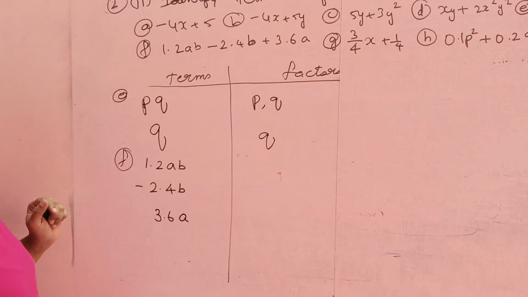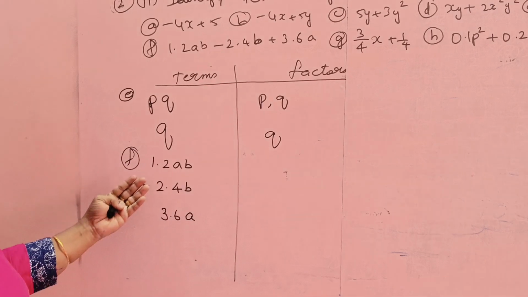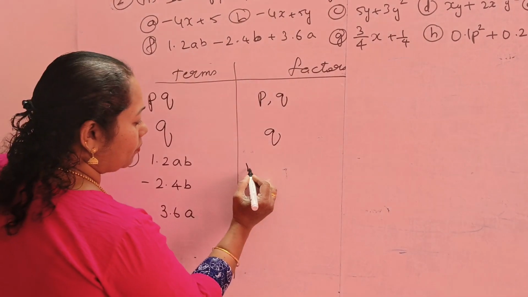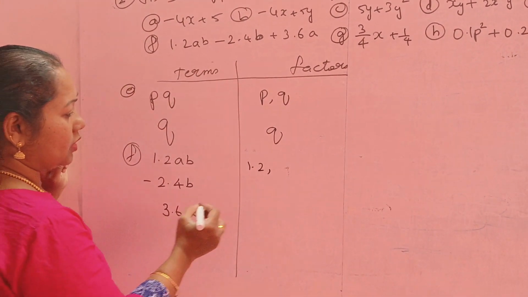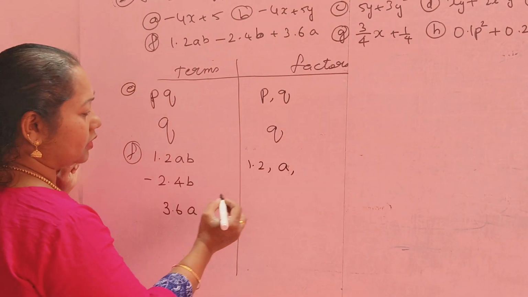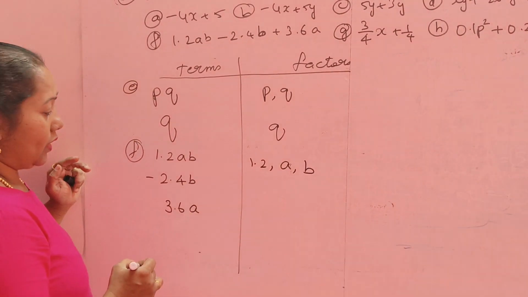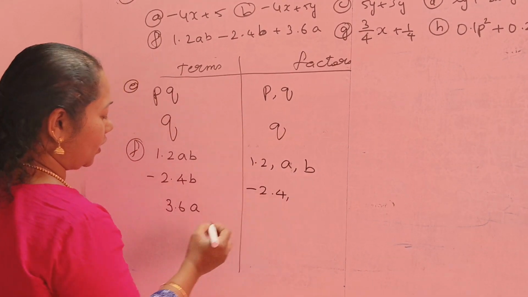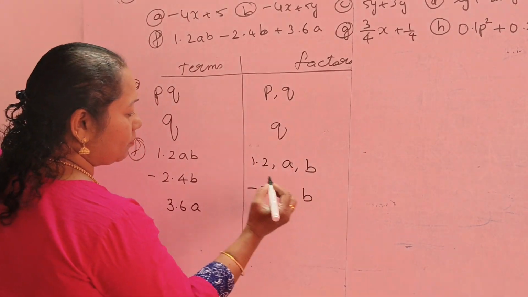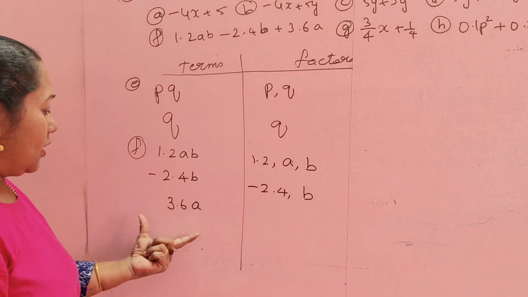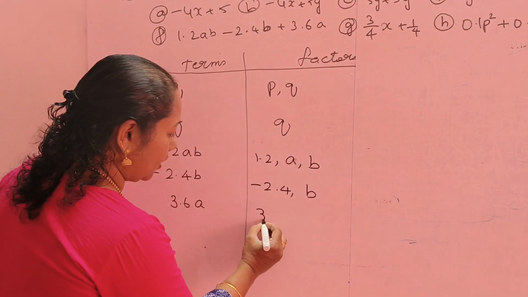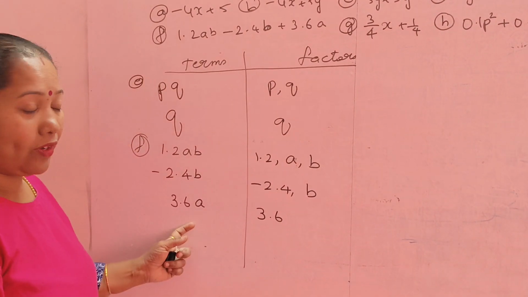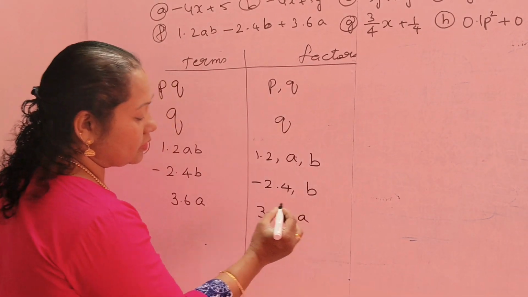These are the terms. Now in first one, 1.2 is one of the factors, a is the second factor, and b is the third factor. In this case, minus 2.4 is one factor and b is the second factor. And in this case, 3.6 is one factor and a is the second factor.